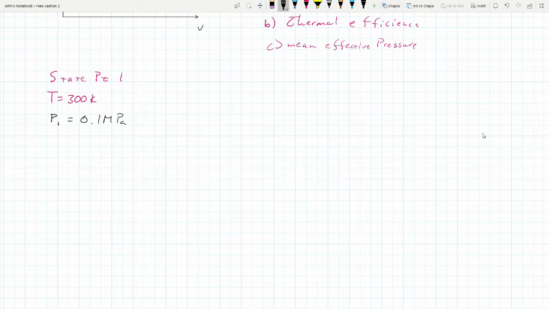And if you recall from the Otto cycle problem, we used a table to get the values for the air. We are using the Moran-Shapiro Fundamental Thermodynamics textbook, 8th edition, and we're using table A22.